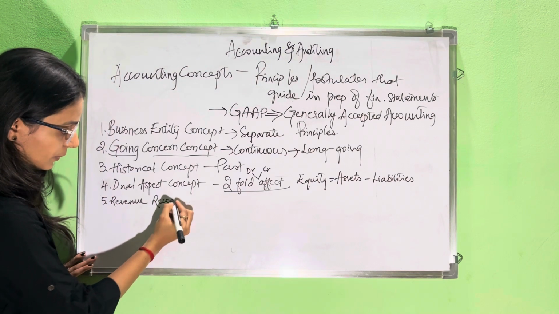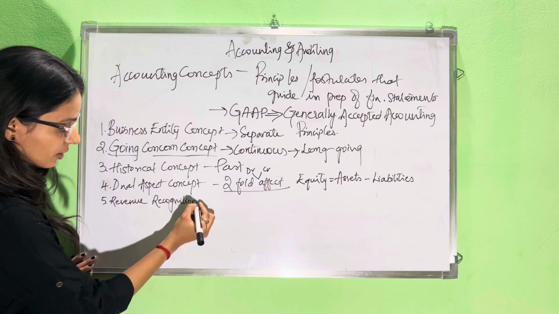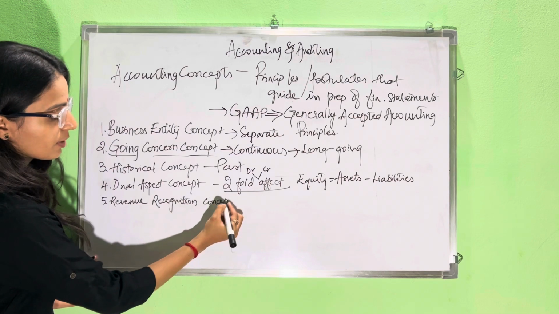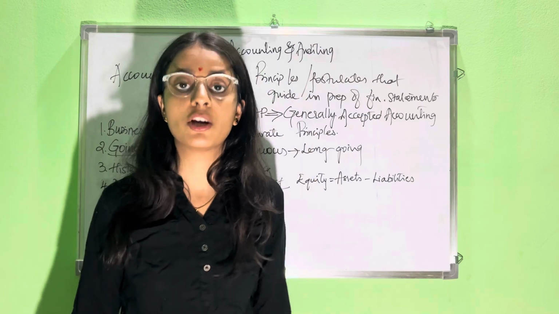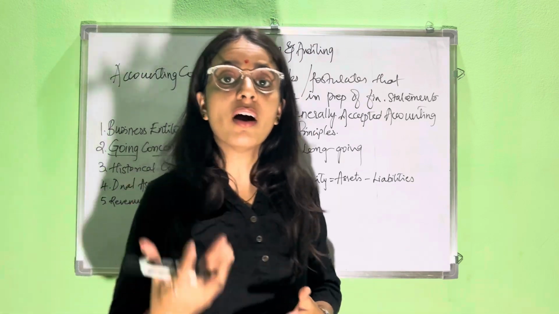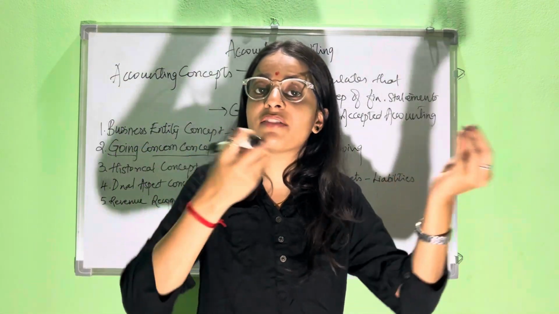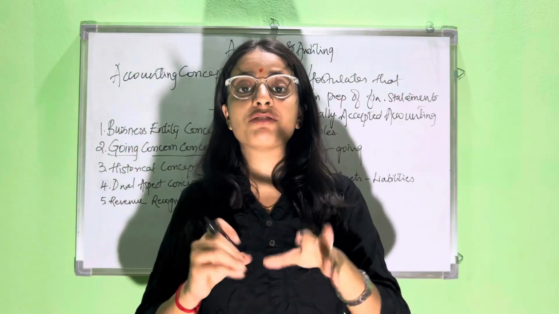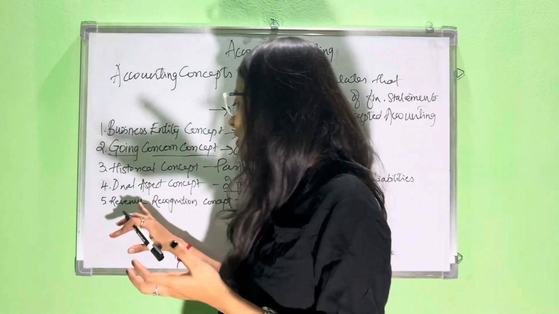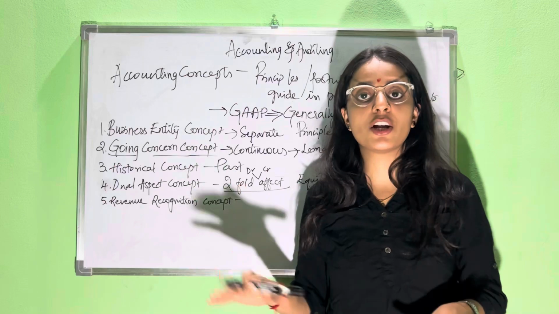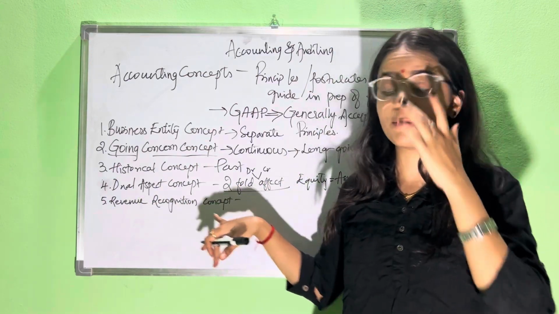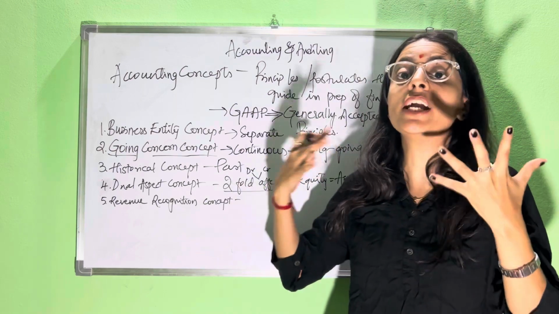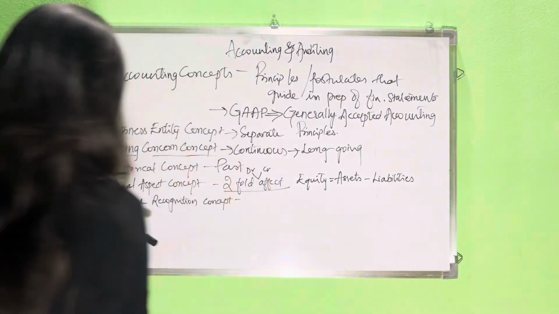Next comes the revenue recognition concept. According to this concept, transactions should be recorded or recognized when you have earned it, regardless of whether you have received the cash or not. You have to record the transaction when the service is rendered or the goods are sold, irrespective of whether cash is received or not. That is revenue recognition. Point of sale is revenue recognition.